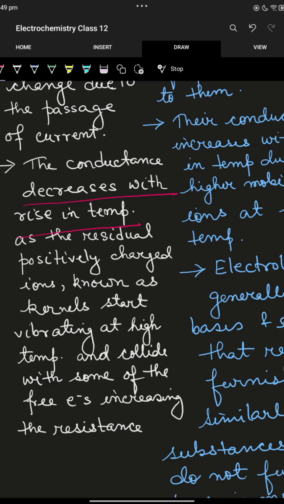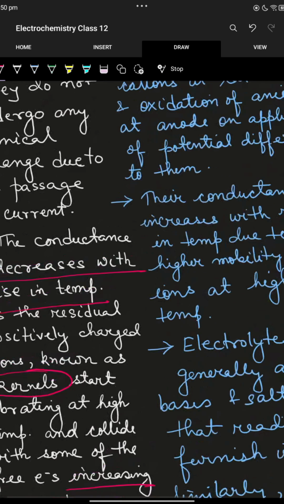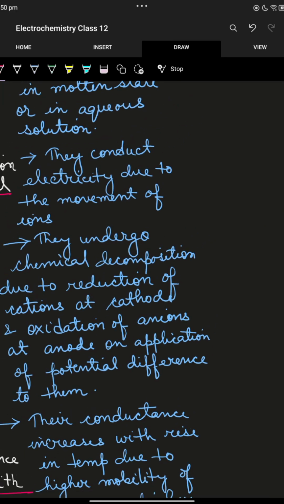So you see, the conductance decreases with rise in temperature as the residual positively charged ions, which are known as kernels, start vibrating at high temperature and collide with some of the free electrons as well, thus increasing the resistance. So this is a complete answer why the conductance decreases with rise in temperature for metallic conductor.